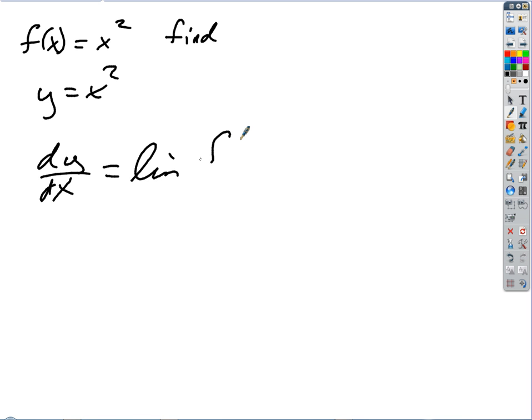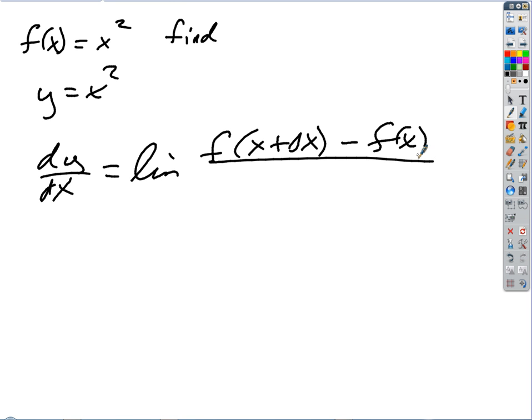Limit of f of x plus delta x minus f of x. And really that's a change in y, isn't it? Change in y over change in x. Okay. So we always start there every time. That never changes till today, till we learn our shortcut formula.